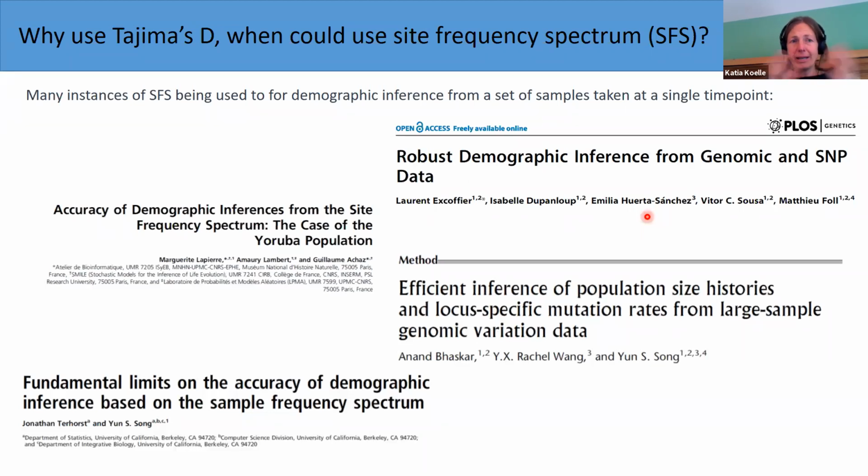Many of you are probably aware of the site frequency spectrum being used for demographic inference, not related to viruses, but for things like estimating human population size changes over time from a set of samples taken at a single time point. Here are some of those papers. I noticed that some of these folks are actually here at this meeting.